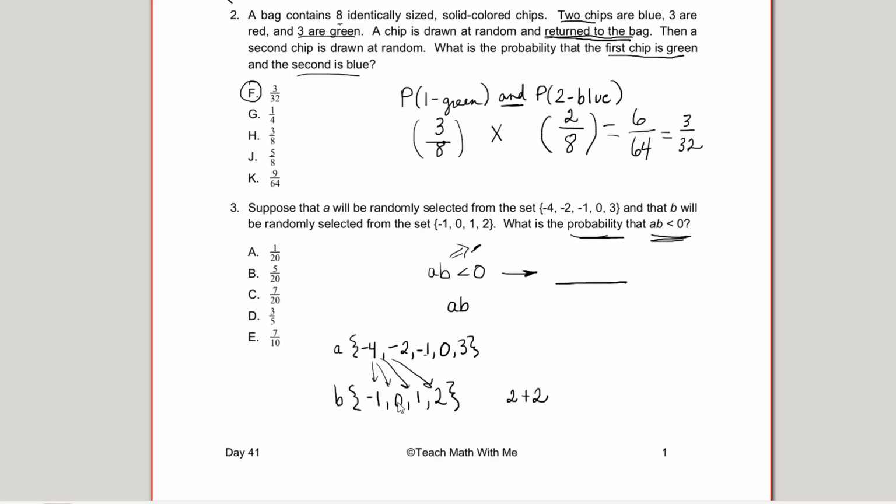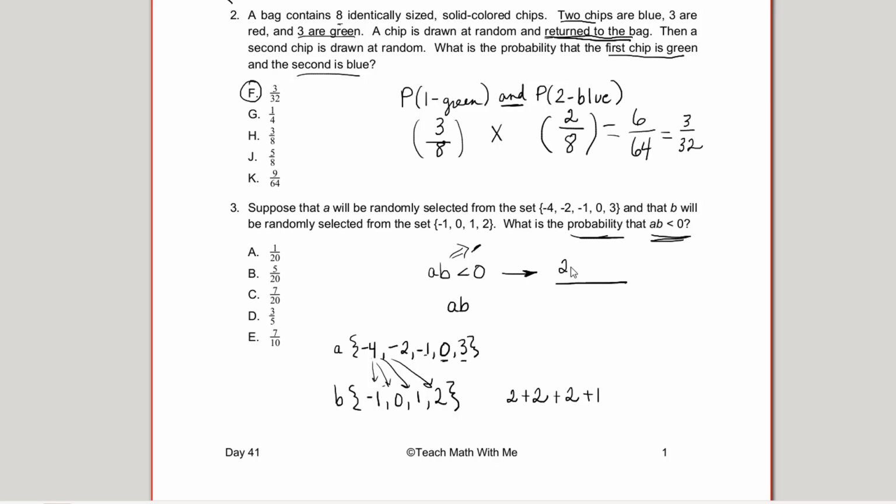Multiplying by -1 and 0 is not going to fall in that case, but by 1 and 2, so that's two more negatives. Now we'll look at 0. When we multiply 0 by any one of these, we're only going to get 0. So that's not going to be one of the options that's less than 0. Looking at 3, the only one that's going to give us a negative is when we multiply it by -1. So that just gives us one more.